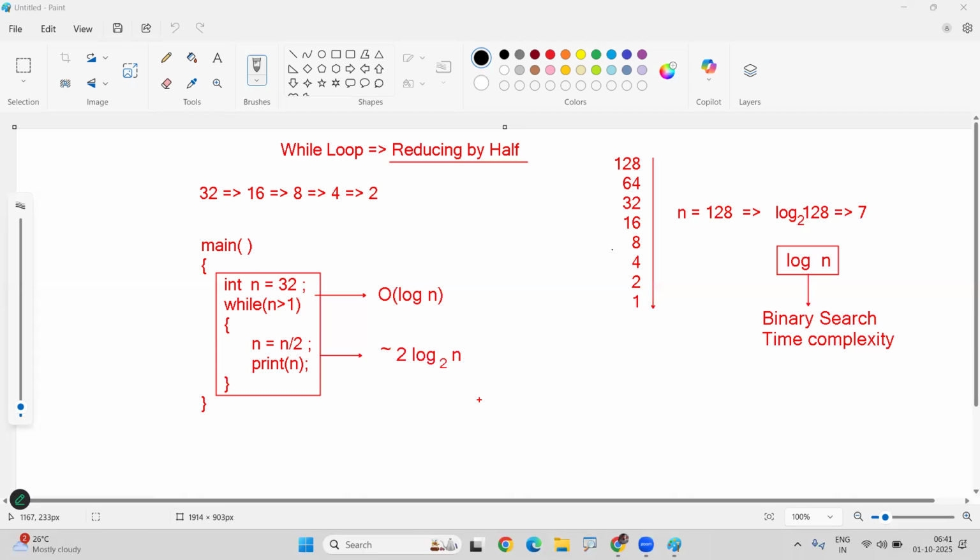Big O removes the extra constant terms as well as the remaining terms, but tilde notation keeps the leading term along with its constant. That is the only difference between big O notation and tilde notation. Hope you understood.